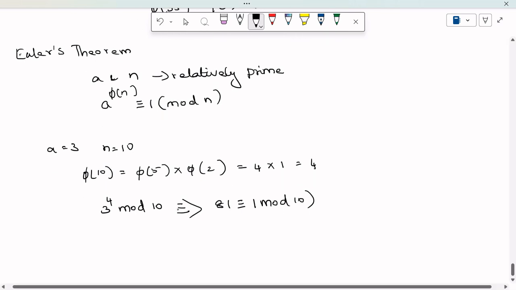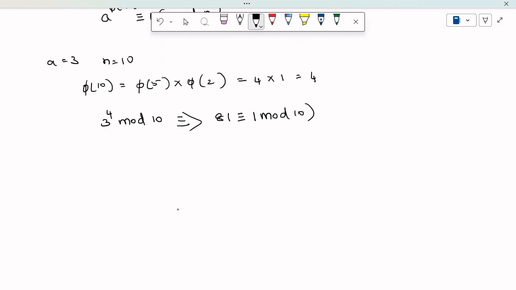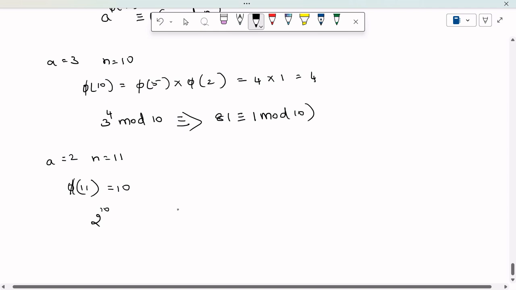So now we can see one more example. A is equal to 2 and n is equal to 11. So phi of 11 is equal to 10. So 2 power 10 mod 11.